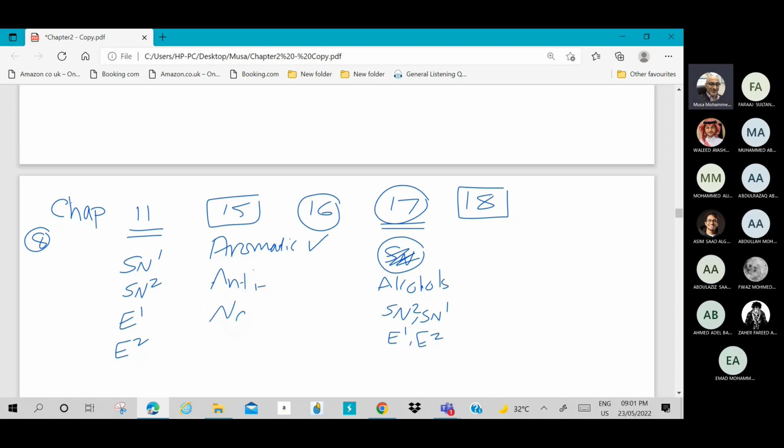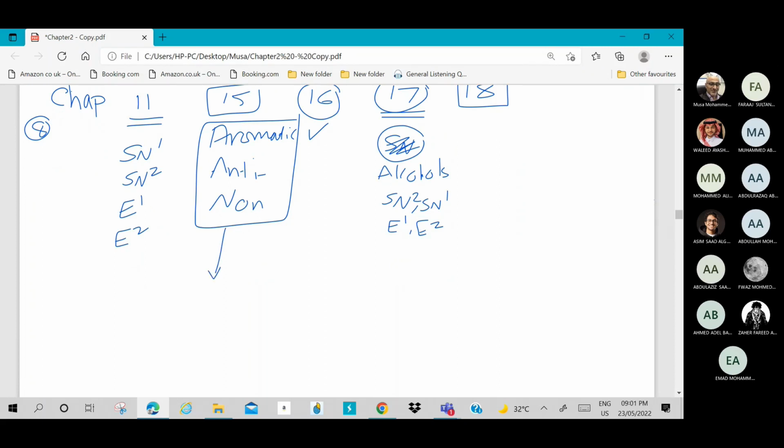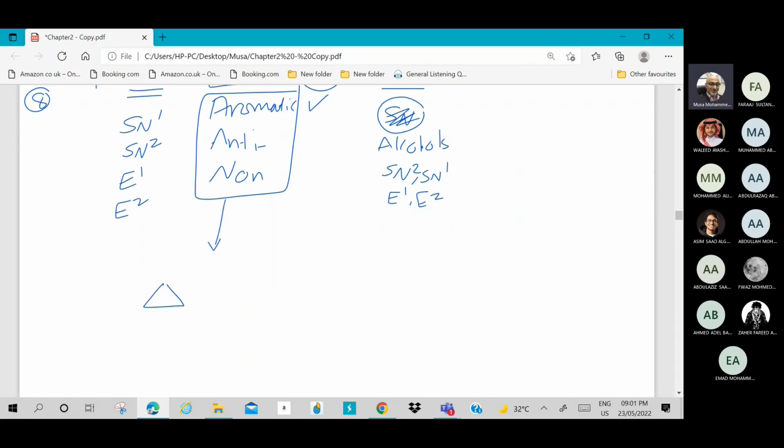anti-aromatic, or non-aromatic. And just here, quickly to review, if we look at this compound where we have negative charge and double bond, this compound where we have positive charge, and this one where we have double bond and double bond, and this is benzene.